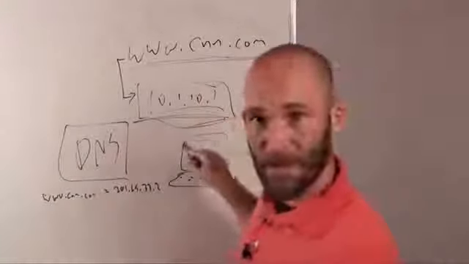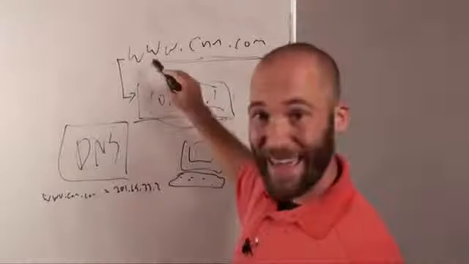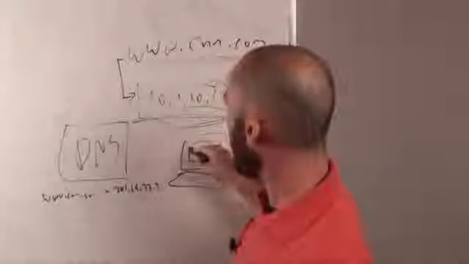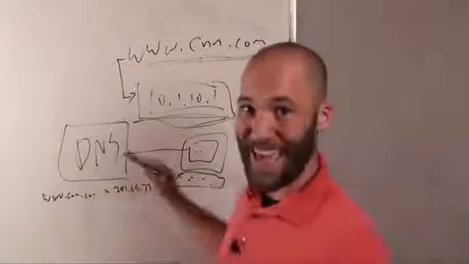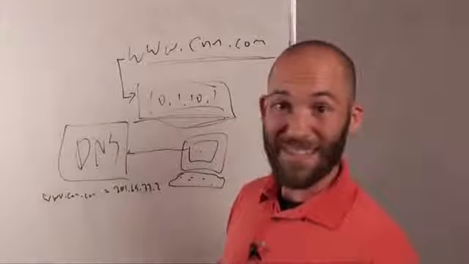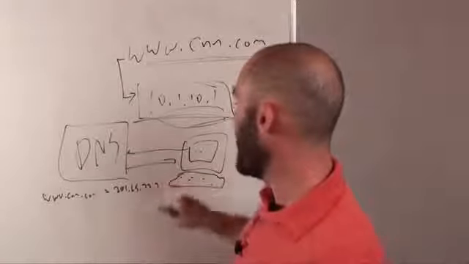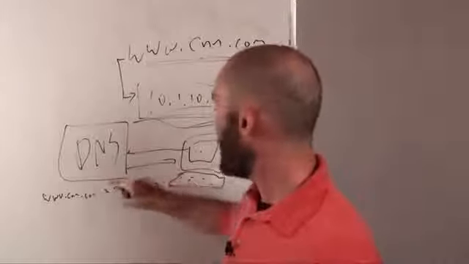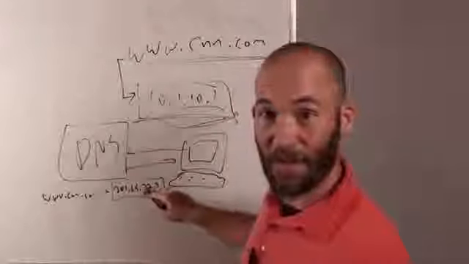So what's going to happen is you plug into your web browser www.cnn.com. Your computer doesn't care about this name. Can't really do much with it. But what it can do is take CNN.com, go and talk to the DNS server, and say, hey, this guy just plugged in www.cnn.com. What does that mean? The DNS server then tells your computer that CNN.com is the IP address 201.65.33.2.